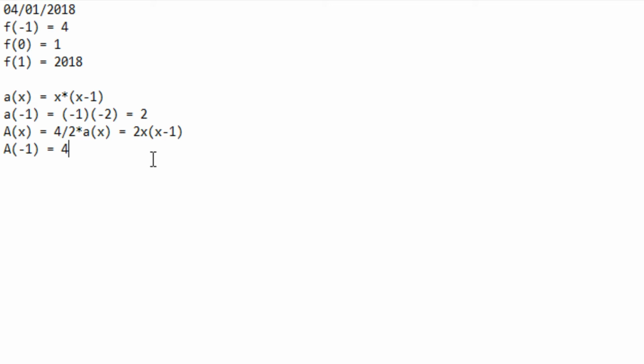And now you might have realized that with this principle, I've created a second degree polynomial that's equal to 0 here, 0 here, and 4 here. And I could just repeat and find one that's equal to 0 here, 0 here, and 1 here. Then I could find one that's equal to 0 there, 0 there, and 2018 here.